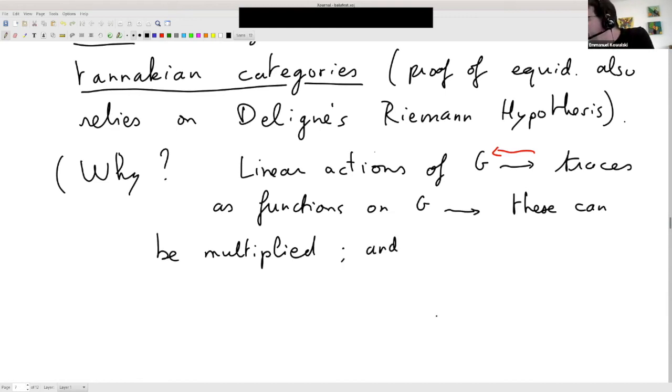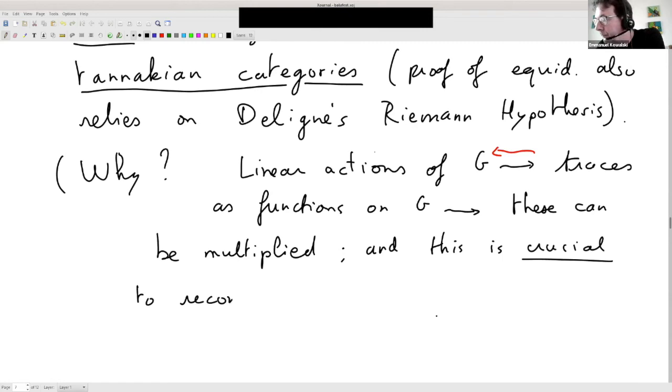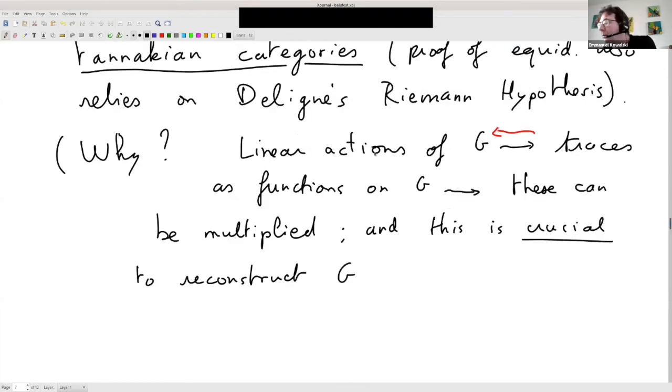And this possibility of multiplication turns out to be crucial to reconstruct the group in the Tannakian formalism. So if you have some sets of distinguished functions which behave well multiplicatively, there is a chance that this could be related to a group through this procedure: looking at linear actions, taking traces, and then multiplying the traces.